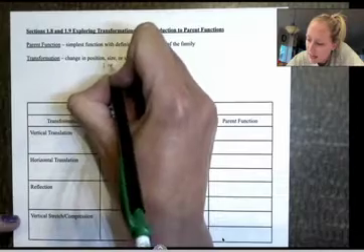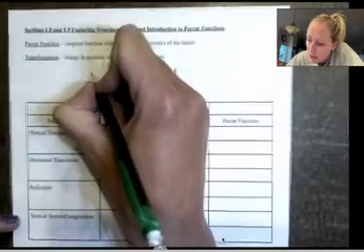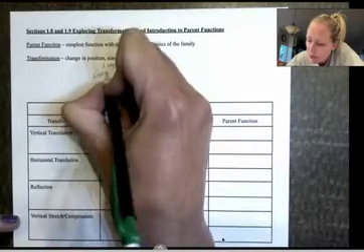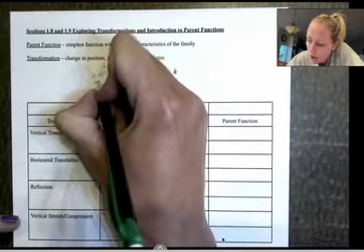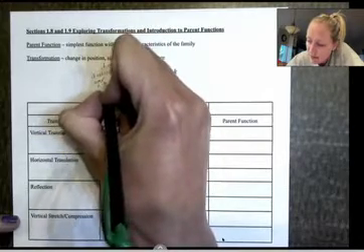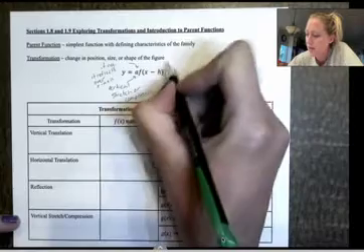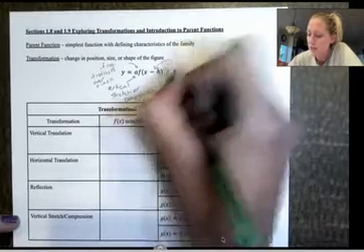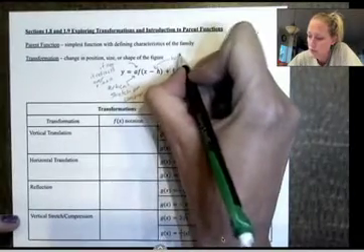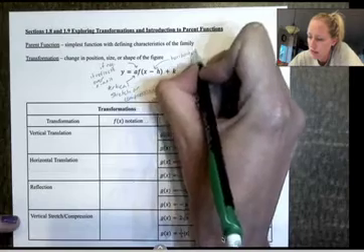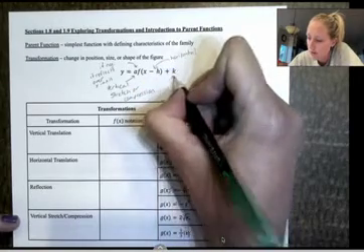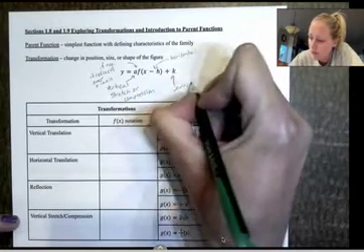If negative, it reflects over the x-axis. This value in here is a horizontal shift, and the value outside the parentheses here is a vertical shift.